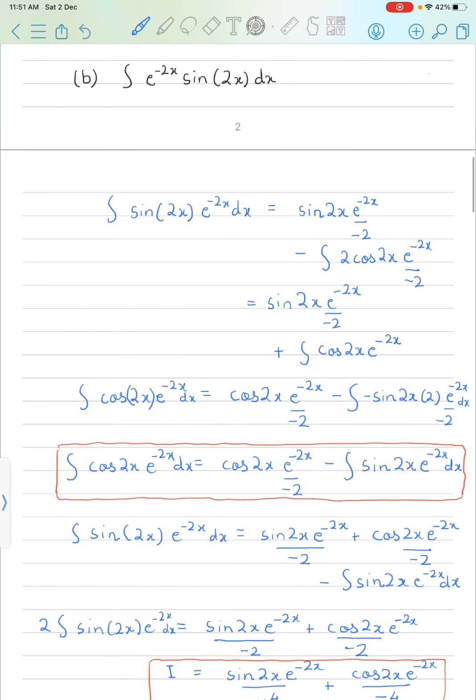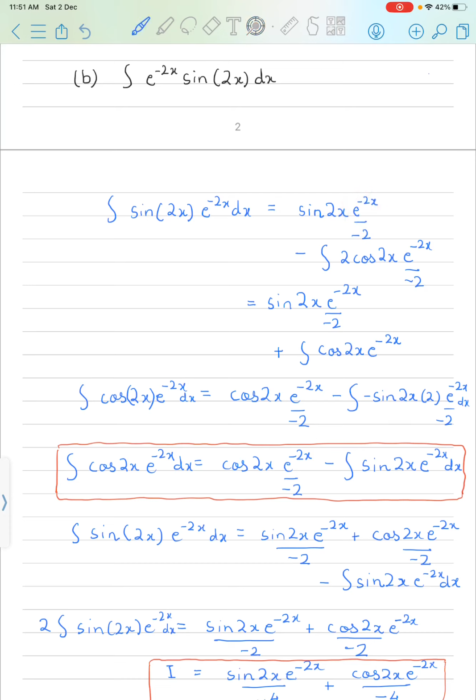So now we are going to discuss 1b. So this is the question. I'm going to take small f(x) as sine 2x, and then g(x) as e to the power minus 2x. Okay, so first we have to write f(x), then we have to write capital G(x).